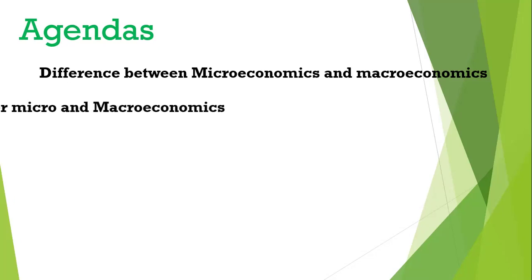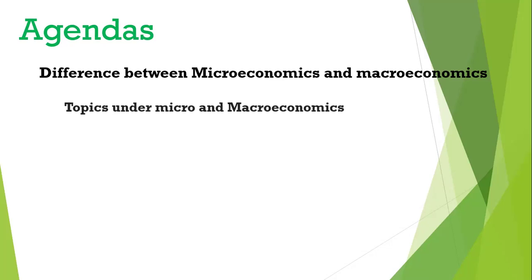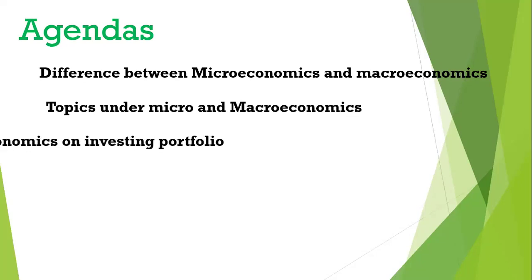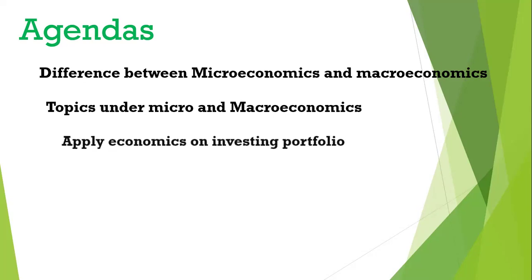From there, we can derive the lessons we get from these two and how we can apply them in the stock market. Topics under microeconomics and macroeconomics, and how to apply these economic concepts to an investing portfolio. These are the agenda items for today, so we look at them one by one.